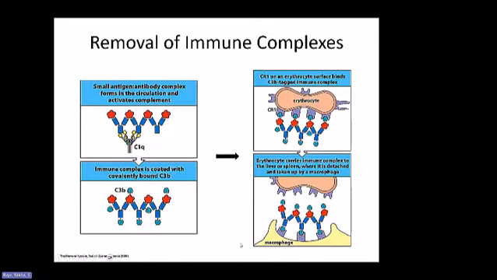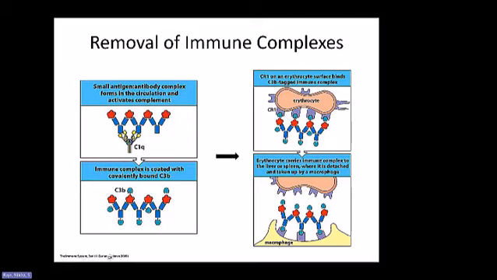Immune complexes, we talked about how immune complexes can be a problem. They are cleared by the phagocytes; these complexes are tagged for phagocytosis, but if not, they can cause autoimmunity.